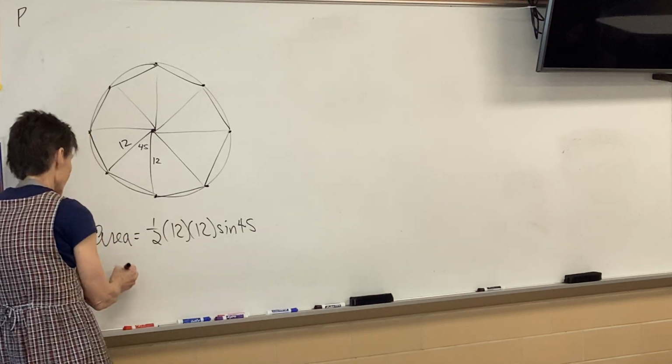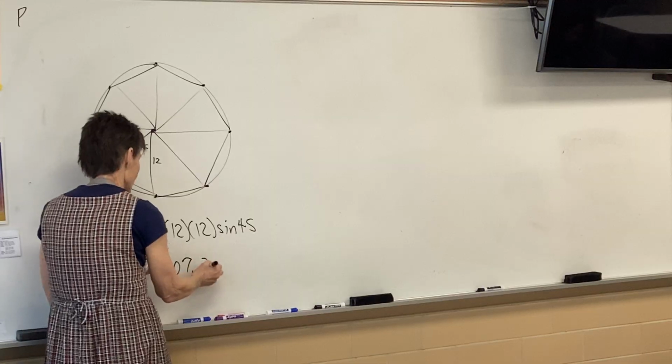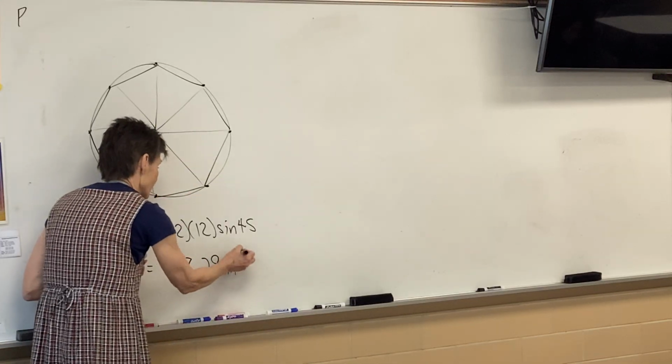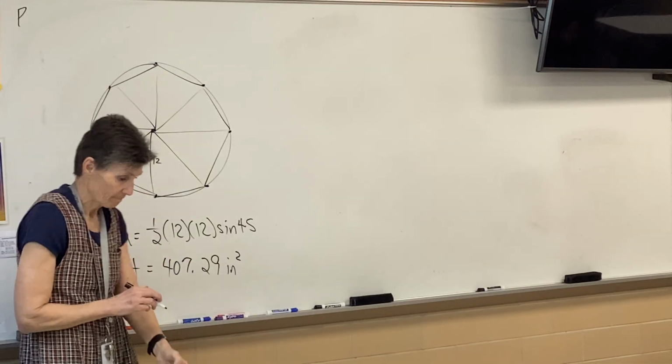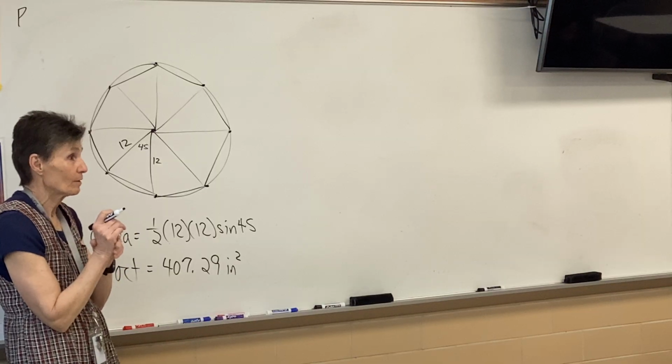So the octagon is 407.29 square inches. Why is it square? Area, square inches.